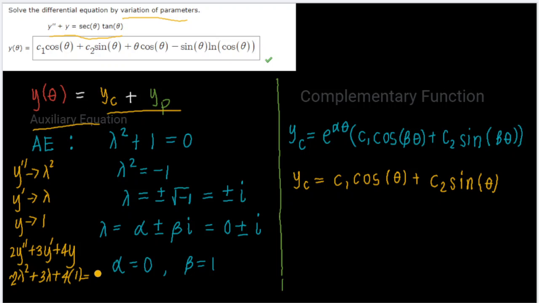That's our auxiliary equation in case this is our left side expression here.